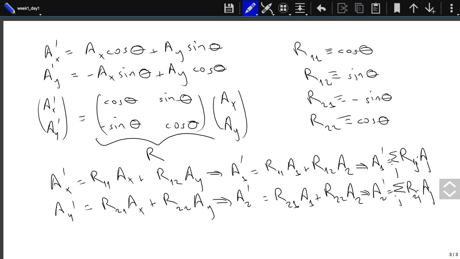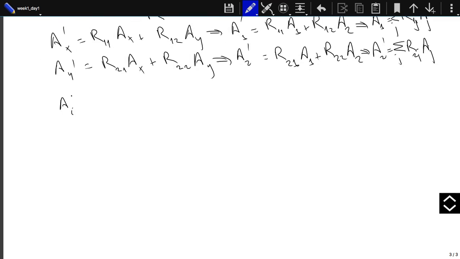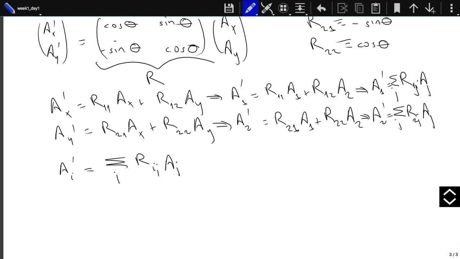So instead of this 1 or 2, we can just give some arbitrary name: AI prime is equal to the sum over J. Whatever index we have over here, I, it is the first index of the R: RIJ AJ. So this single equation has the same information as these two equations.